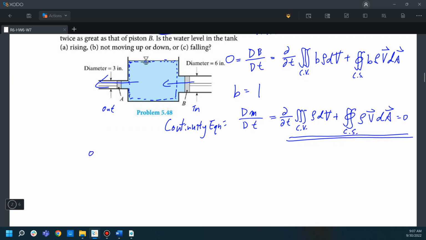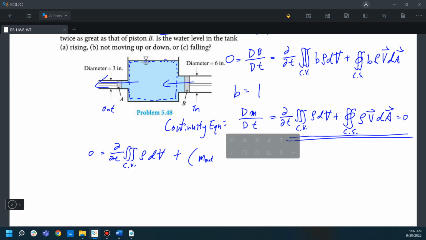That 0 will equal this CV term, plus the mass that flows out of this control surface minus m in.